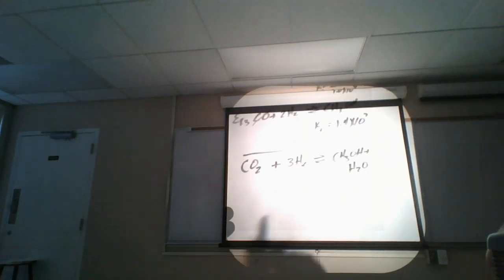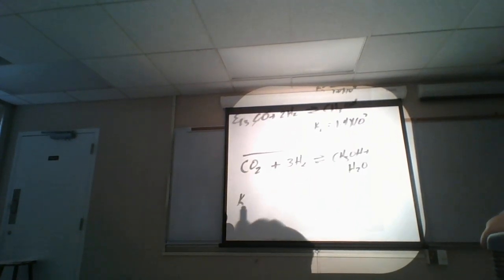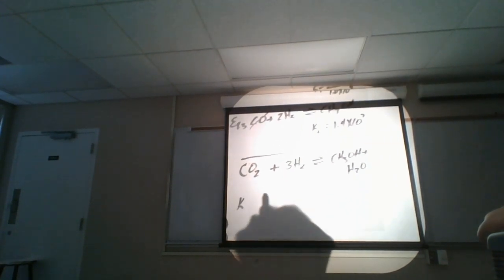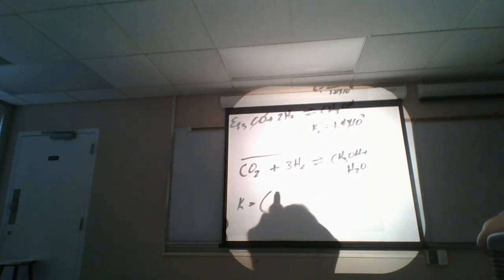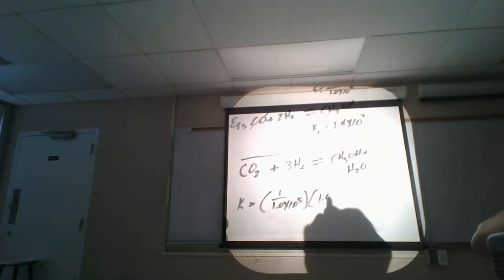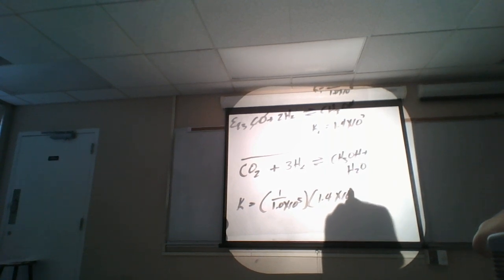Now, how do I get K for this overall, this brand new K down here? Well, I flipped one of those around, so that was 1 over 1.0 times 10 to the 5th, times 1.4 times 10 to the 7th.